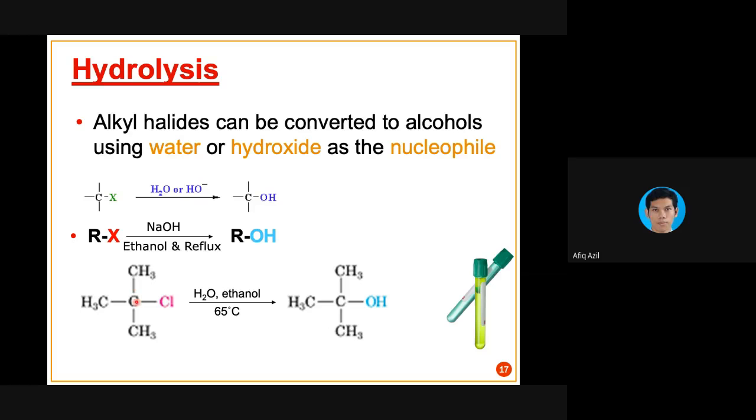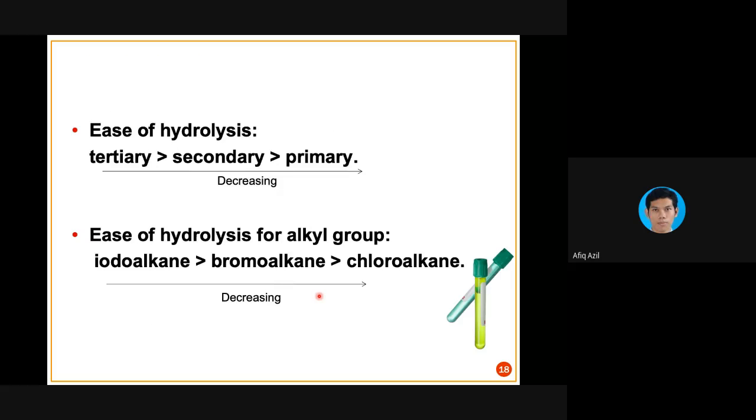So this is a tertiary alkyl halide. You have this C carbon with chlorine attached to 3 other carbons. 1, 2, 3. So tertiary alkyl halide, okay, is reacted or mixed with water in the presence of ethanol. So it forms this tertiary alcohol. So ease of hydrolysis, that means which types of alkyl halide is the easiest to hydrolyze.